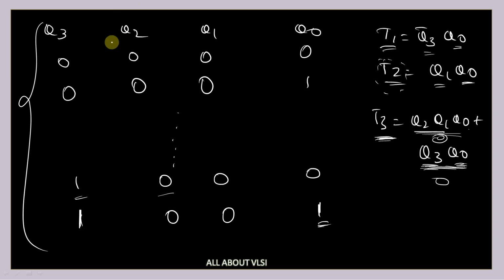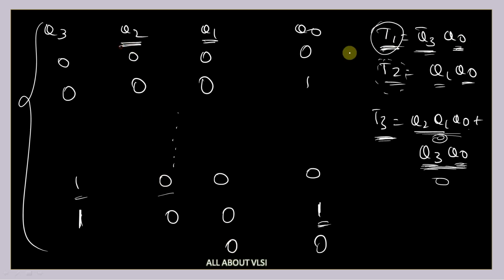And if the present value is equal to 100, let's say, then what is the value of your Q0? It is equal to 0 itself. And what is the value of your Q1? For getting the value of Q1, we will have the value of T1. T1 is nothing but Q3 bar into Q0. Q3 bar is nothing but 0 and Q0 is nothing but 1. So obviously T1 becomes 0 and Q1 is 0 itself.